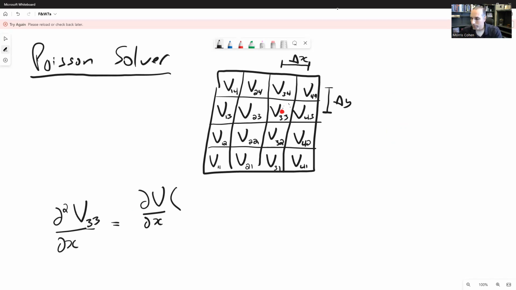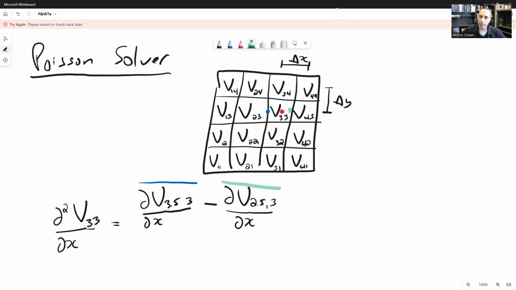So it's 3.5, 3, because we go in the positive direction by half a grid cell, and we subtract from that the same measurement half a grid cell in the other direction. So it's minus dV/dx at 2.5, 3. These two measurements are taken on either side. I'm going to draw a green dot here and a blue dot.